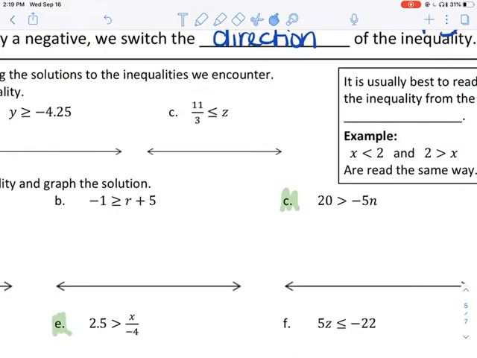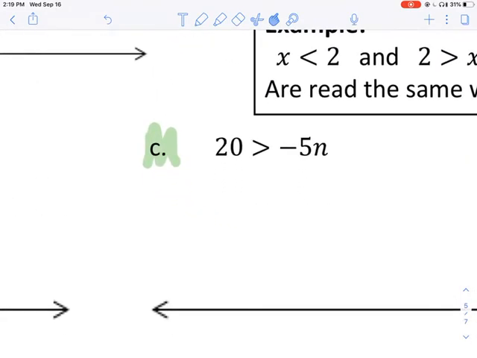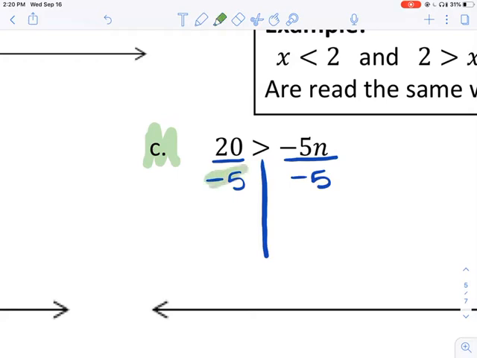Now let's look at C. I'm going to solve it just as before, but now I'm going to undo division. Now, we said that when we multiply or divide by a negative number, which I'm doing because the negative number is the one that's at the bottom of the fraction, then I'm going to flip-flop the sign. So now it'll read like this. Oh, I'm so sorry.